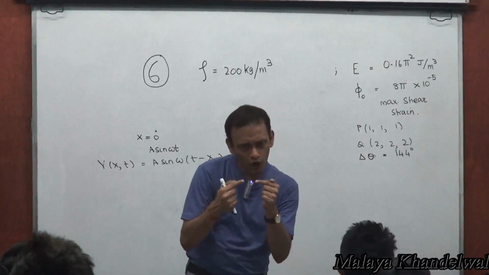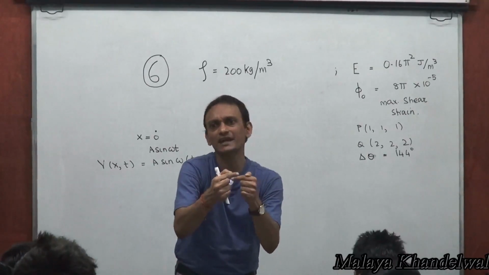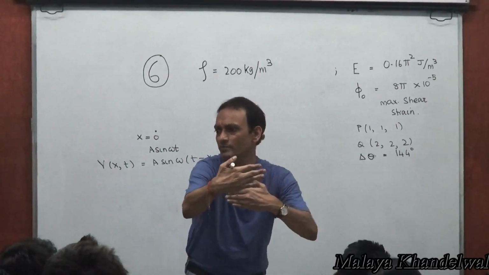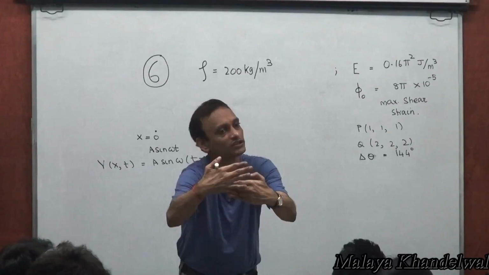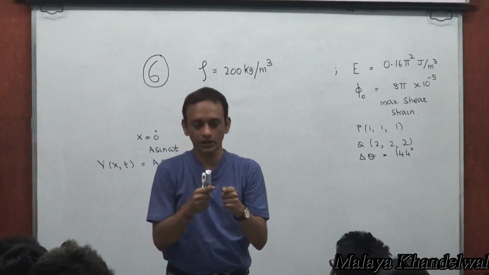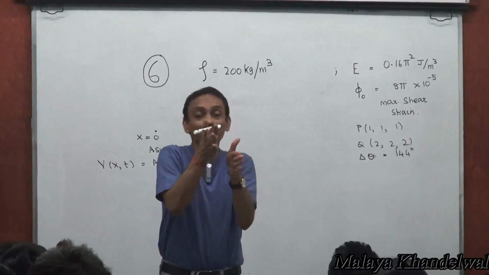So you understand, a longitudinal wave produces displacement of the particles in the same direction in which the wave is traveling, and therefore will not produce change of shape, will produce compressions and rarefactions. But if the wave is traveling in this direction and the particles are displaced relative to each other like this, therefore the medium gets sheared.